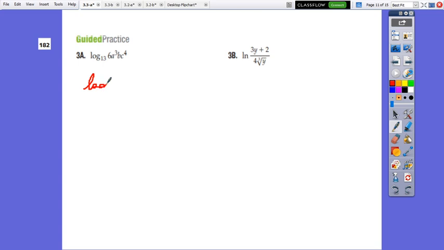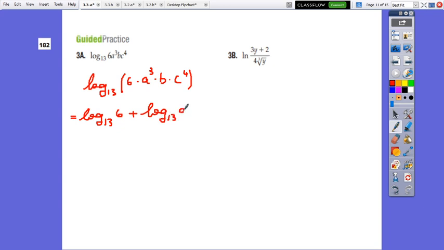So log base 13 of 6 times a cubed times b times c to the 4. We use again the product property, so it will equal log base 13 of 6 plus log base 13 of a cubed plus log base 13 of b plus log base 13 of c to the 4.